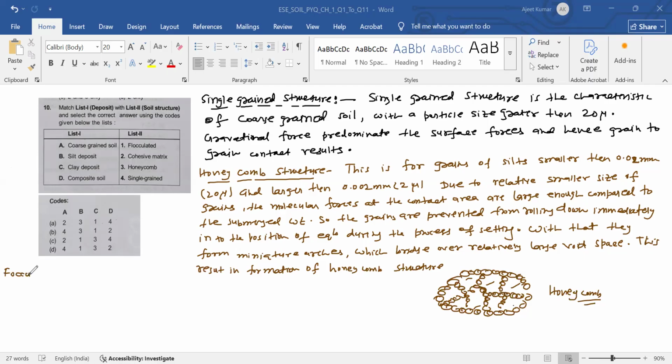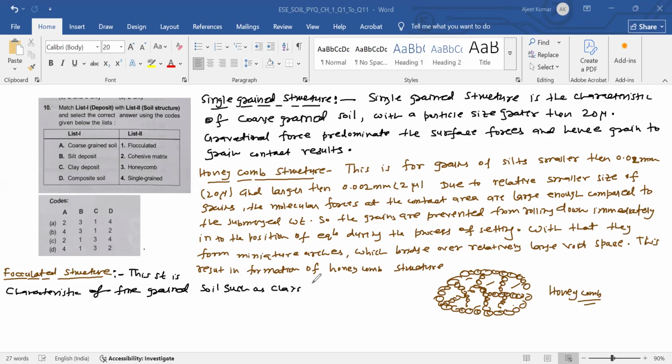This structure is characteristic of fine grained soil, such as clays.